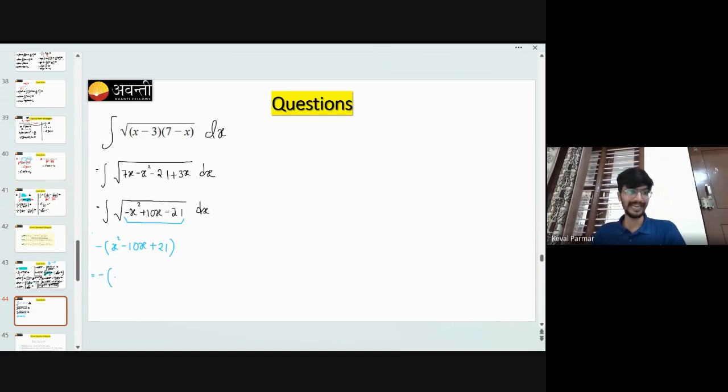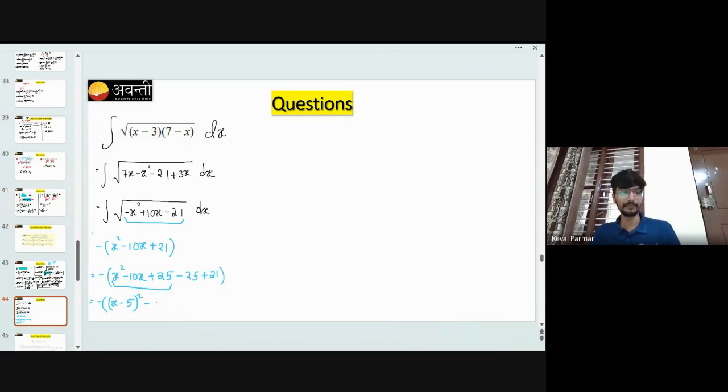Now I'll add and subtract 25. So I added 25 and I subtracted 25. This is the completing square method. So minus this. What is this? This is x minus 5, the whole square, and minus 25 plus 21, which is minus 4.